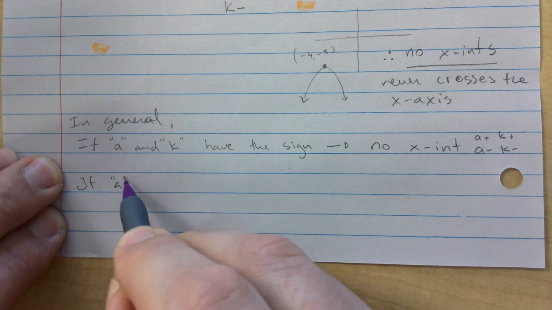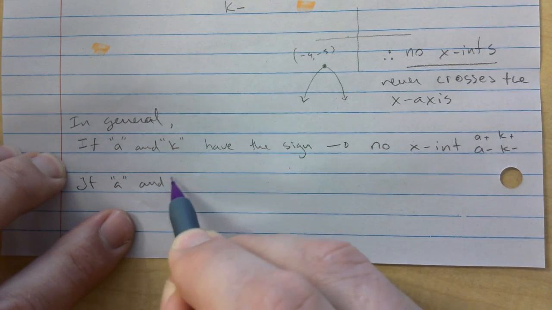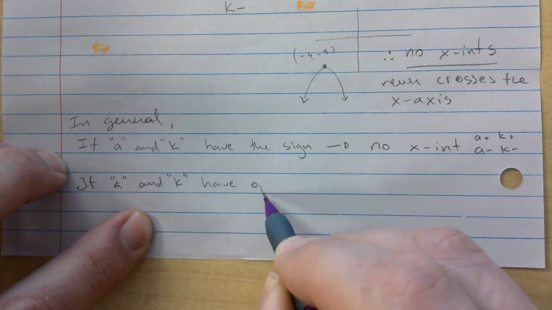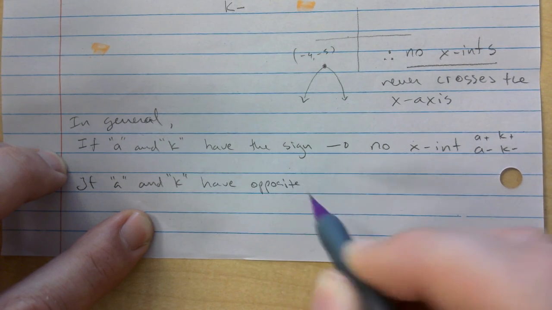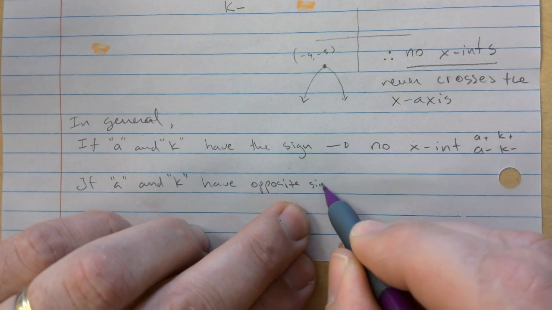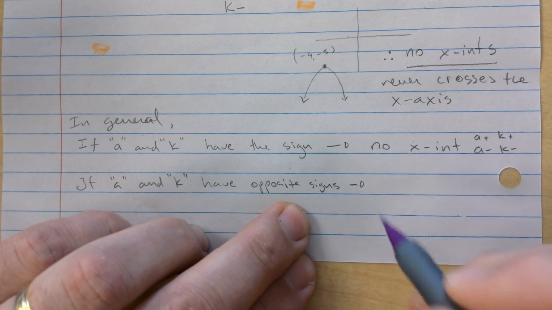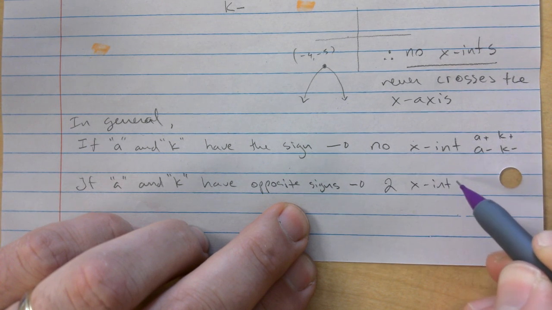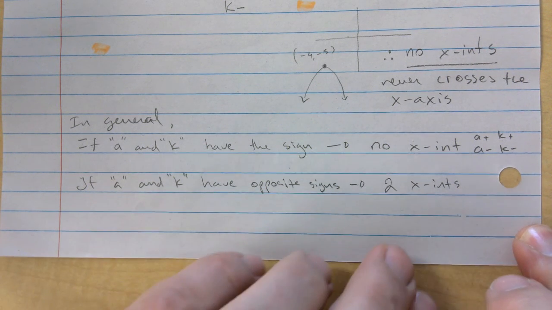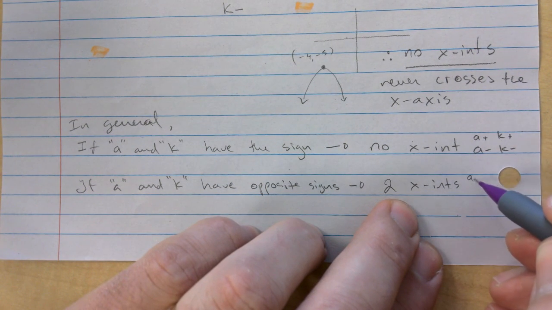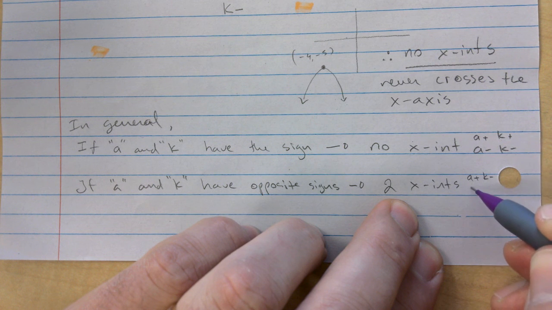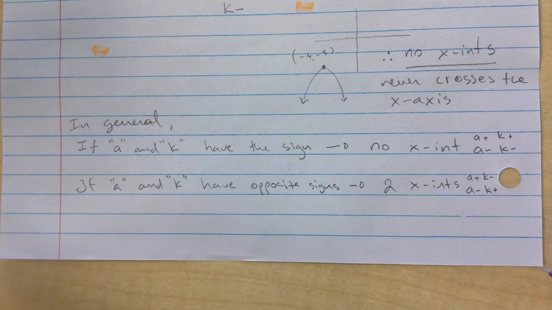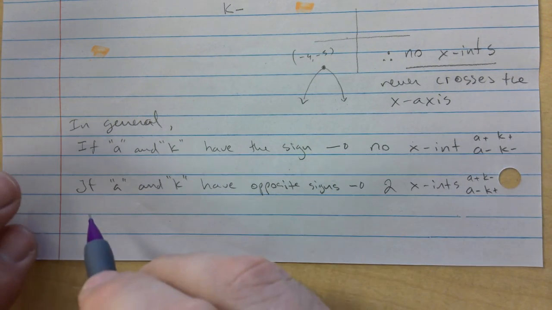If A and K have opposite signs, two x-intercepts. So you have A positive, K negative, or A negative, K positive. If they have opposite signs, you'll have two x-intercepts guaranteed.